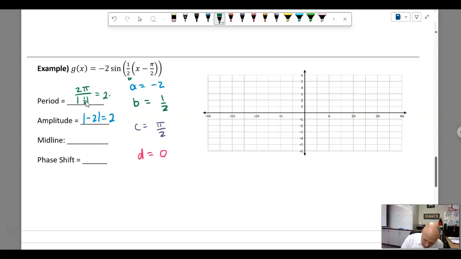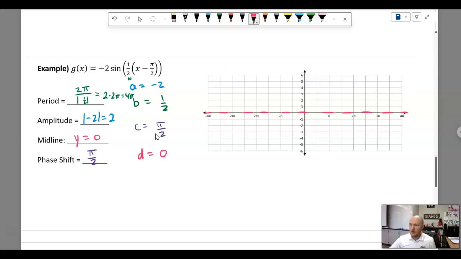So 2 times 2 pi, which is 4 pi. Okay, so we got a longer graph. And then we have a phase shift from C, so I'm going to go right pi over 2. And then our midline is 0, y equals 0, okay? So those are what the parameters do and their effects on the graph.